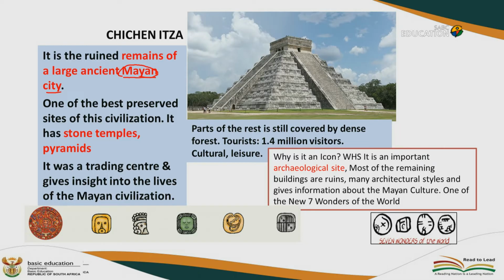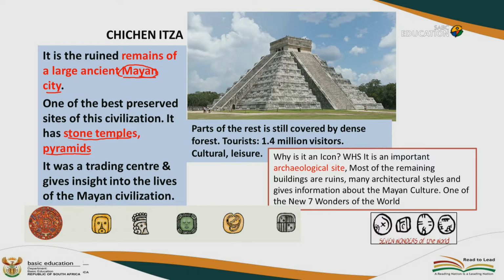And then also it says it's one of the best preserved sites of this civilization. Go and check what is civilization according to your textbook. It has stone temples and a pyramid. But not the pyramids that we're talking about of Giza. These are the other pyramids.